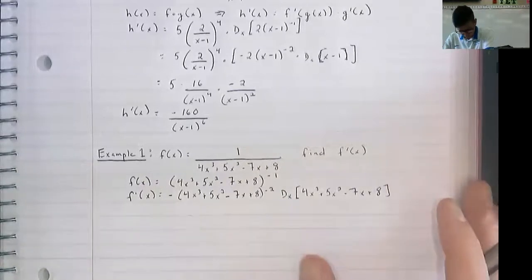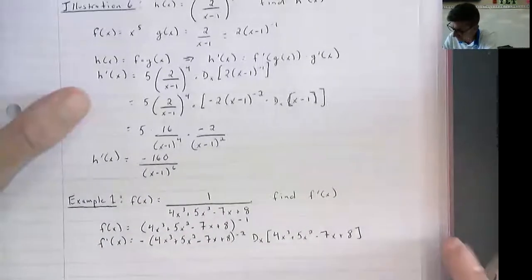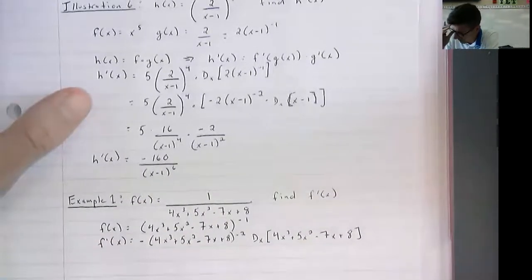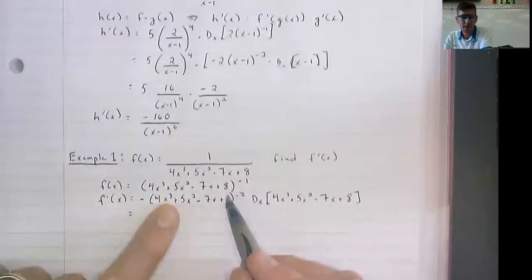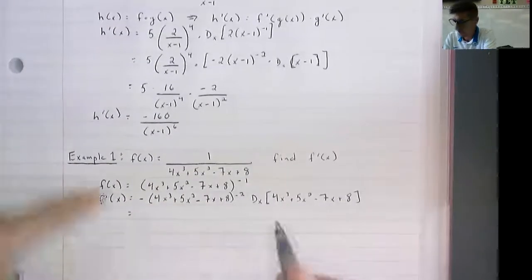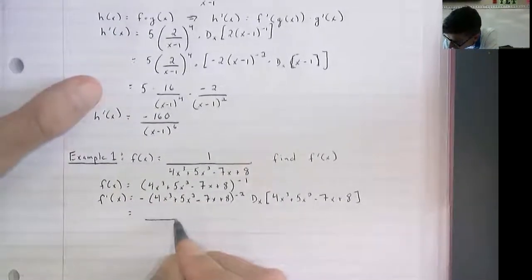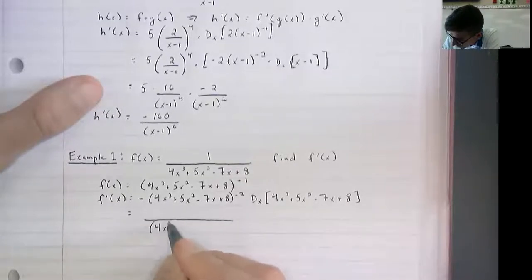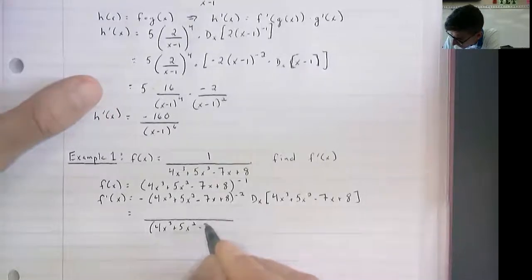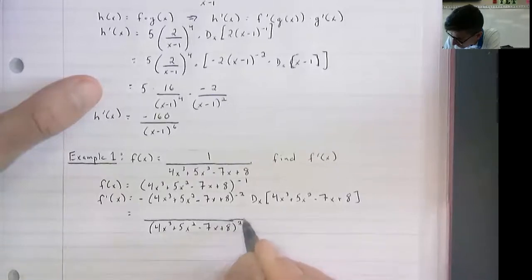I'm going to do two things at once here. I'm going to throw this bad boy down into our denominator. So this will become 4x cubed plus 5x squared minus 7x plus 8 squared.